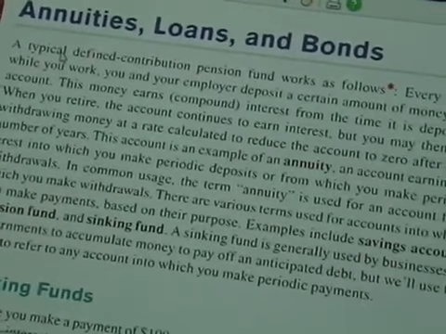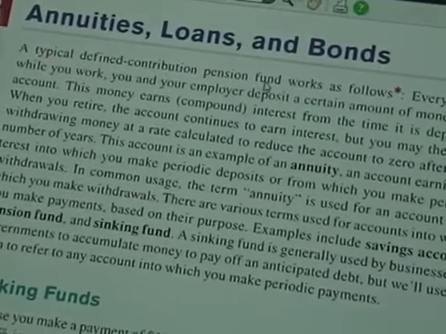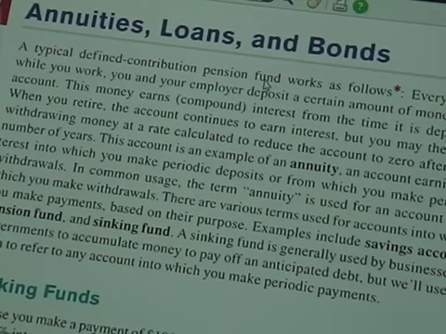A typical defined contribution pension fund, whatever that is, it's like when your company pays part of your pension, works as follows. Every month, while you work, you and your employer, so this happens in Japan, it happens in the United States, I don't know what other countries it happens in, deposit a certain amount of money in an account.